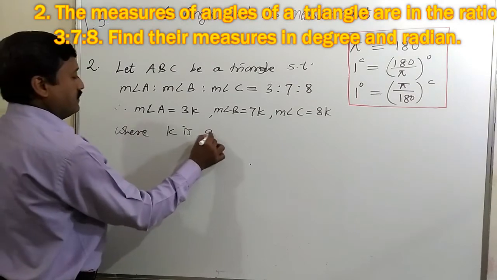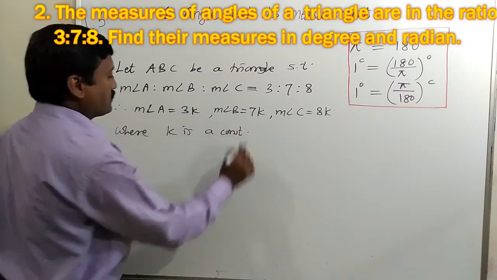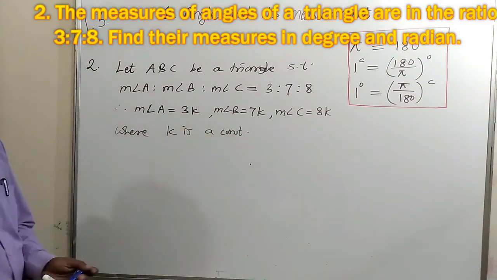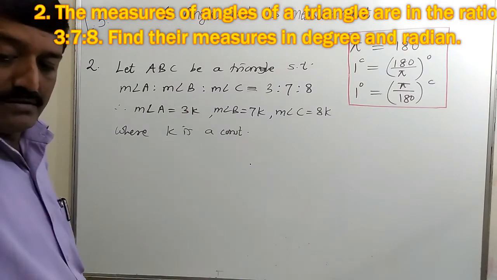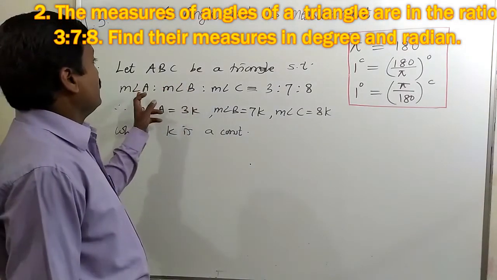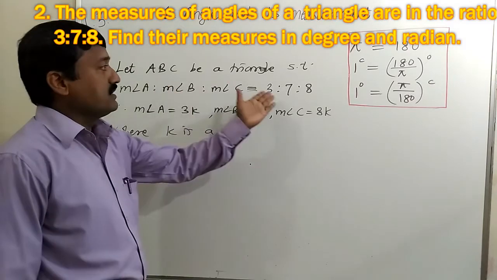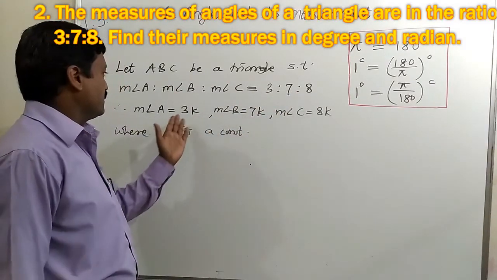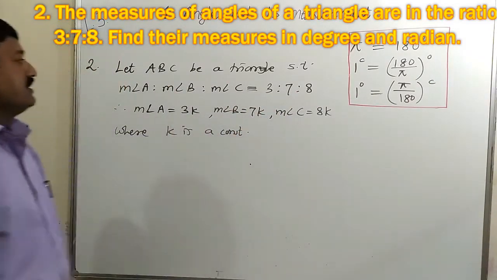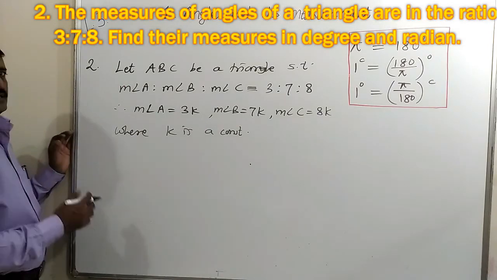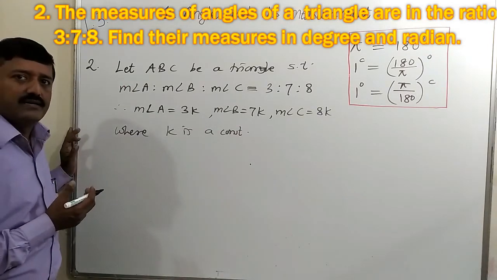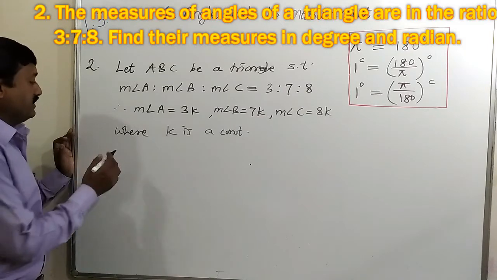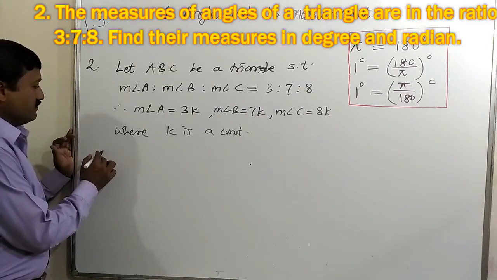Is it clear? Because by the given information, the angles A, B, C of the triangle are in the ratio 3:7:8. Therefore, their measures are 3k, 7k, 8k, where k is a constant. Again, we know that the sum of the measures of the three angles of a triangle is 180 degree or pi radian. We will use that condition.